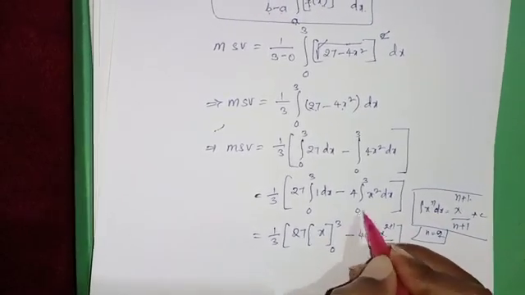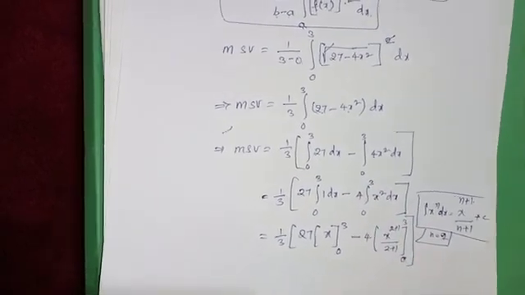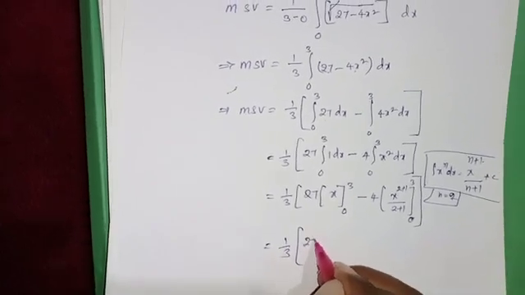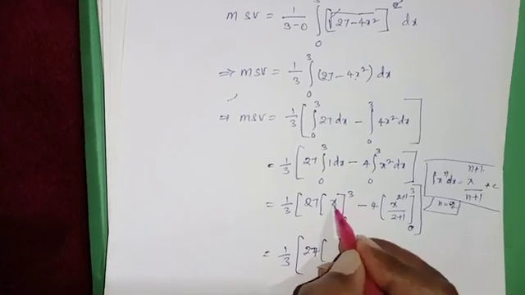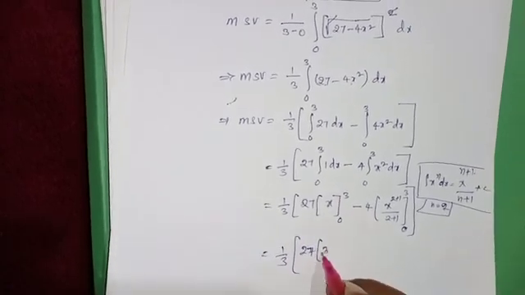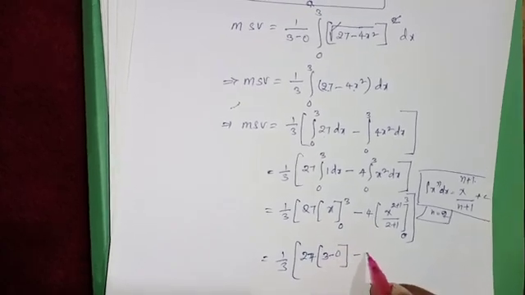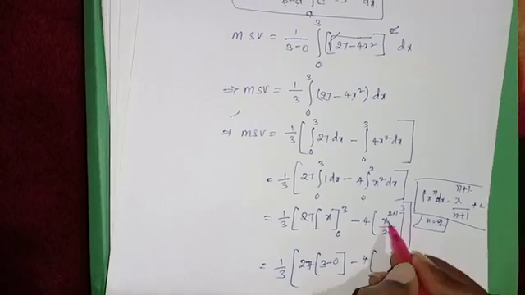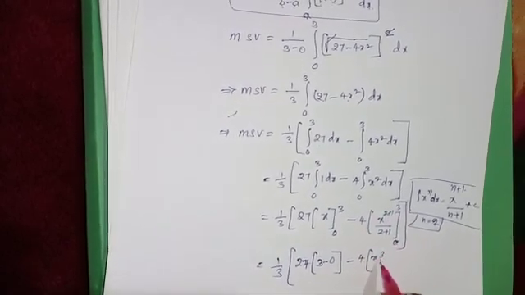Here the limits are 0 to 3. That is equal to 1 by 3 whole into 27 into substitute the upper limit in x place 3 minus the lower limit, minus here 4 into x to the power of 1 plus 2 is x cube by 3.